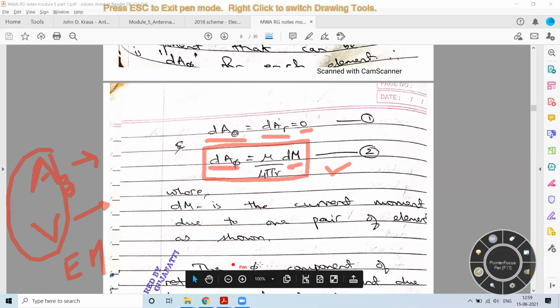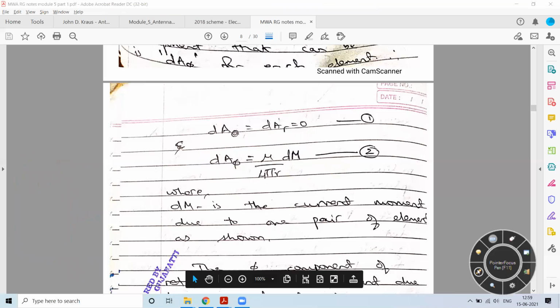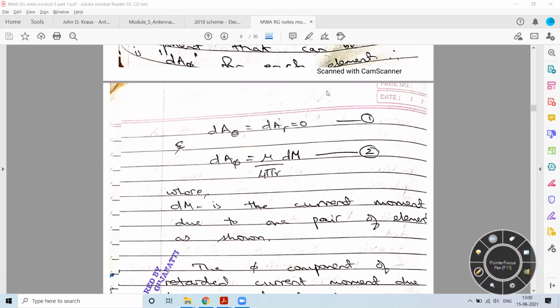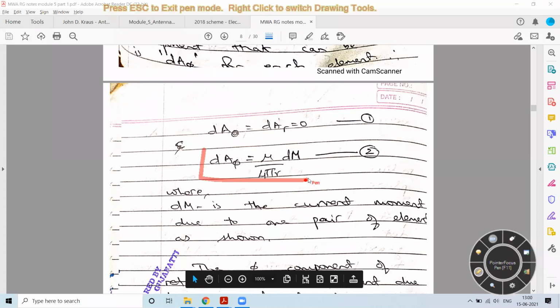So it is all relevant to those parameters. So now we are considering those equations directly over here. So therefore we have the elemental vector potential, which is given by mu by 4 pi r into dm.